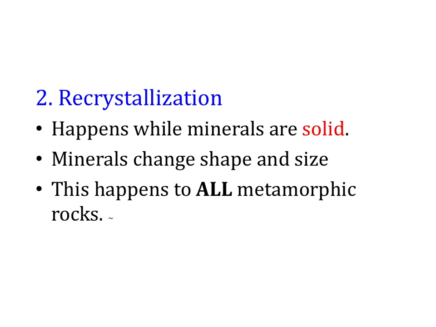The second reaction that happens is recrystallization. So this does happen to all metamorphic rocks. So all metamorphic rocks, when they experience metamorphism, will have the crystals or grains that make up the original rock experience this recrystallization. And what that does is it changes the shape and the size.